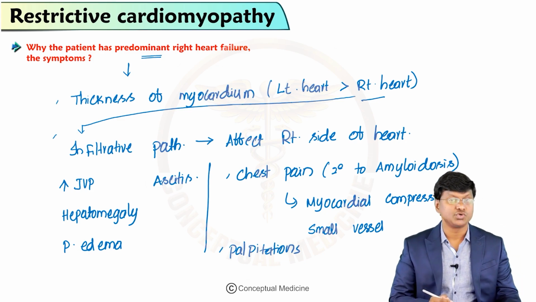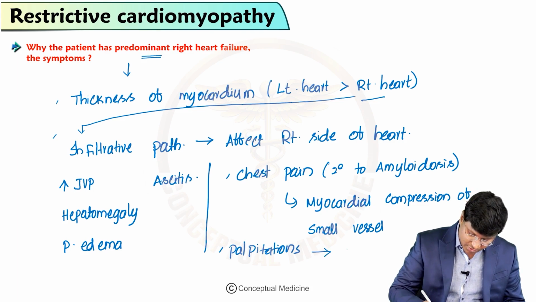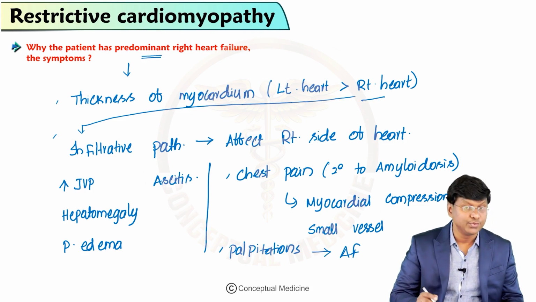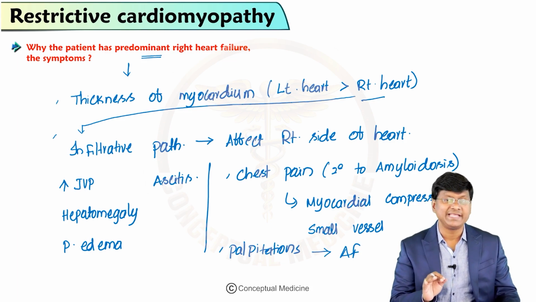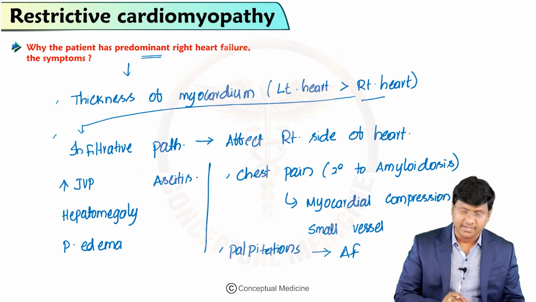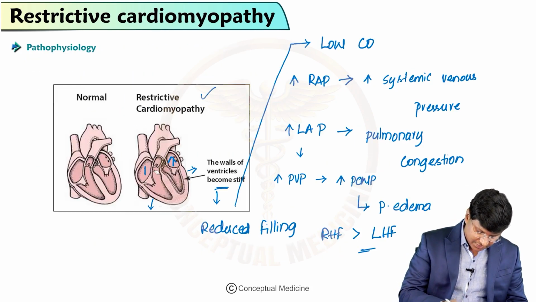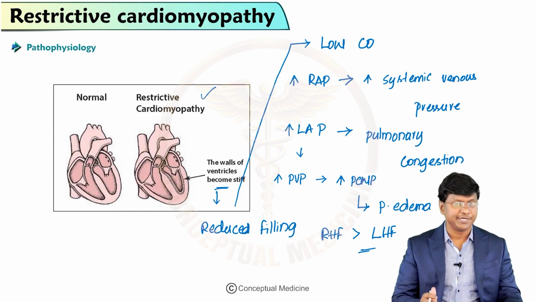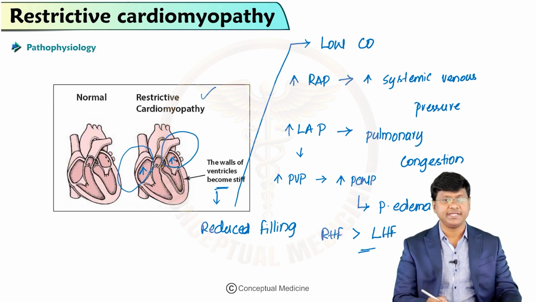Right, these patients also complain of palpitations, and these palpitations are mainly secondary to atrial fibrillation. Now, let me explain why there will be development of atrial arrhythmias in these individuals. If you observe the heart in restrictive cardiomyopathy, the atria are dilated because the atrial pressures are increased.